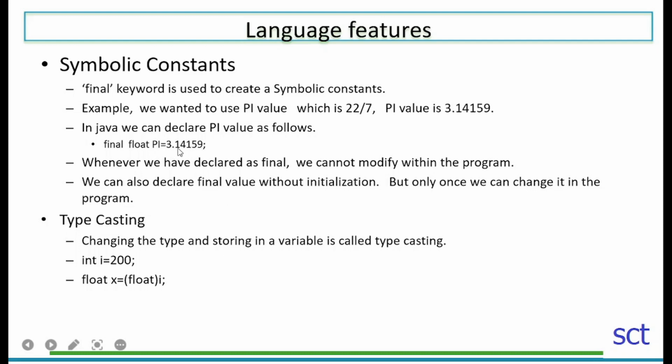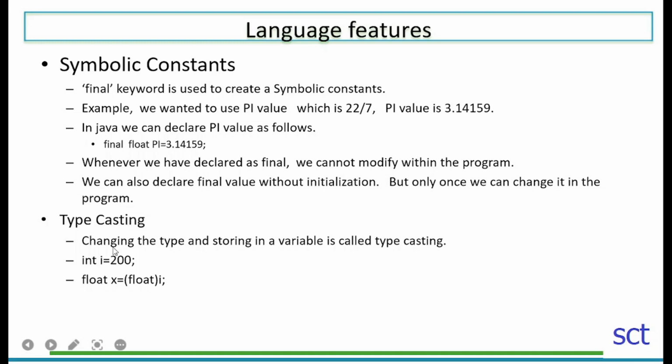You can also declare final float p1 without initializing a value, but you can assign a value only once in the program. You cannot assign more than once. That is why final is used, and this final keyword is called a symbolic constant.